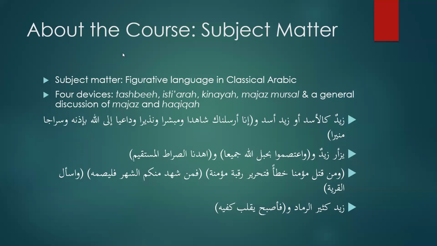In Arabic, both are called tashbih, because whether the comparison operator, the adat tashbih, is mentioned or not, it is still considered a tashbih as long as the tenor and the vehicle are both mentioned. If we say Zaydun asadun or Zaydun kal asadi, those are both tashbih, right? Because I've mentioned the mushabbah and the mushabbah bihi.